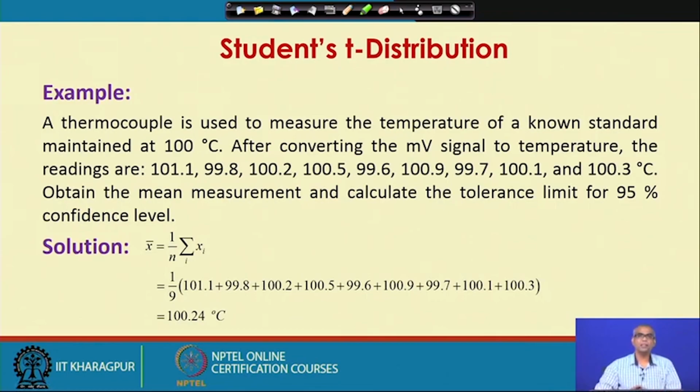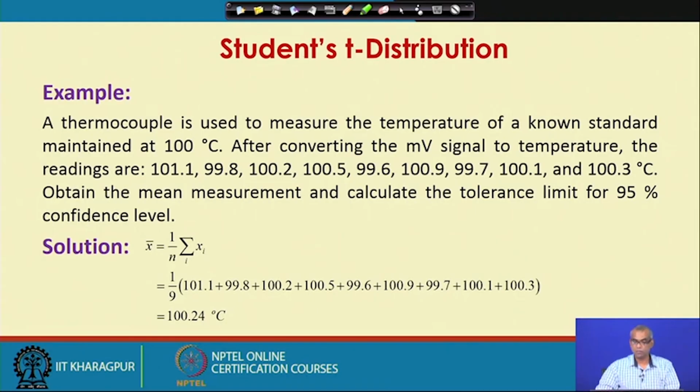Let us take another example to make the point clearer. A thermocouple is used to measure the temperature of a known standard maintained at 100 degrees Celsius. After converting the millivolt signal to temperature, the readings are 101.1, 99.8, 100.2, 100.5, 99.6, 100.9, 99.7, 100.1 and 100.3 degrees Celsius.